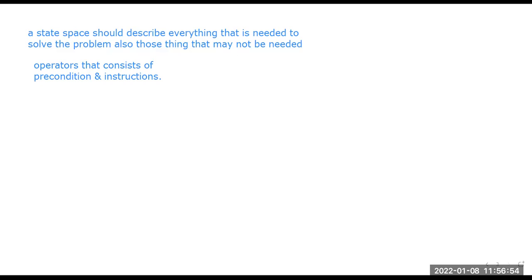So here, elements of the domain has the knowledge of the starting point. The terms present here are elements of the domain and problem solving.